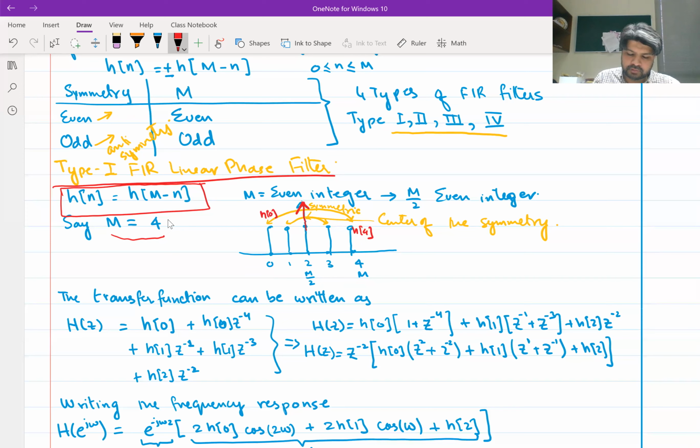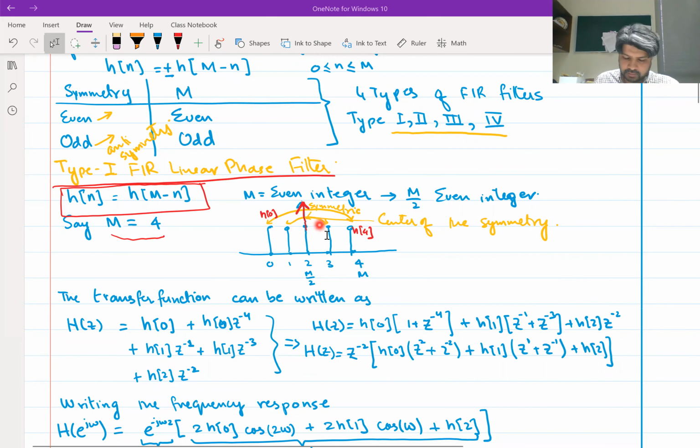It would be h of 0 z to the power 0, h of 1 z to the power minus 1, h of 2 z to the power minus 2, h of 3, but h of 3 must be equal to h of 1.